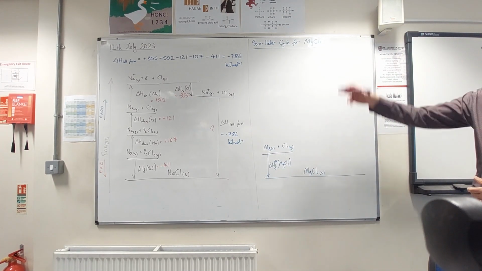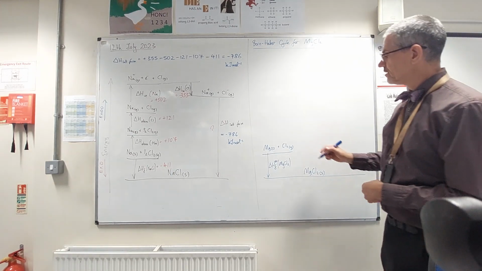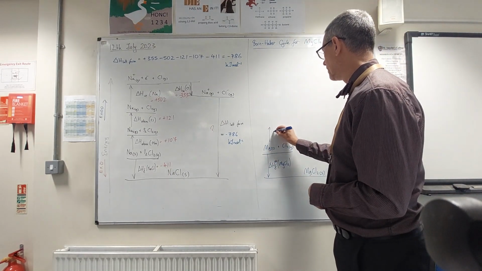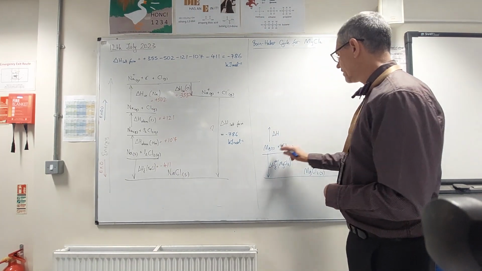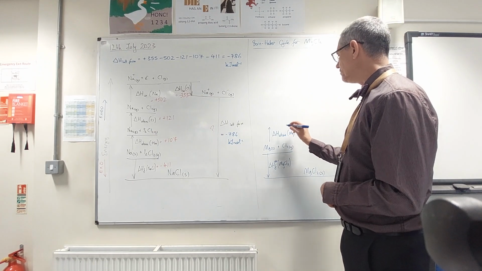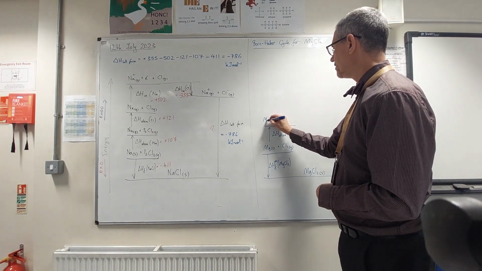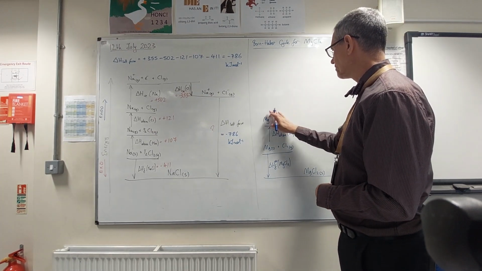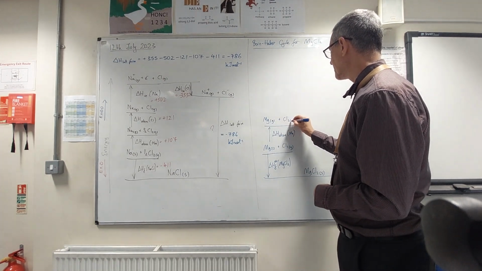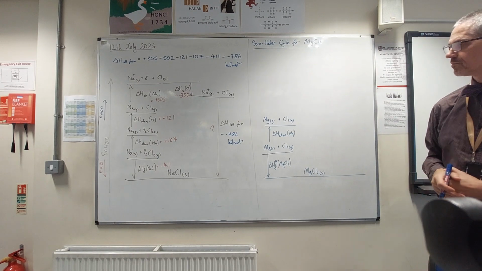Now I have to get all the way around, so we could start off by atomizing magnesium. So that would produce 1 mole of gaseous atoms.